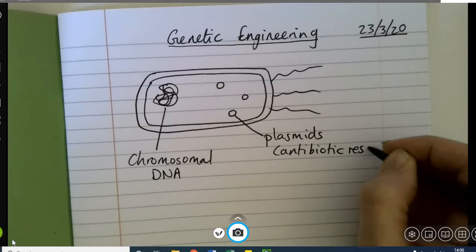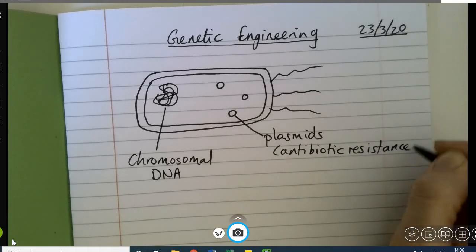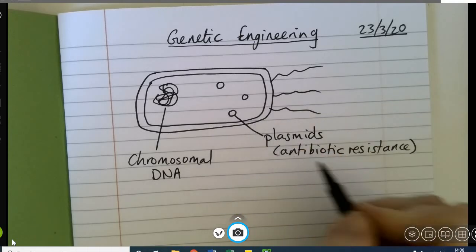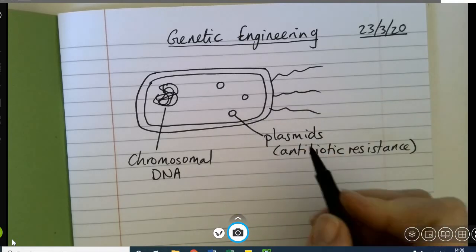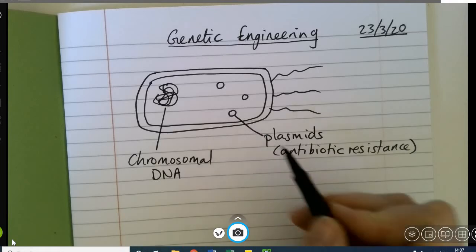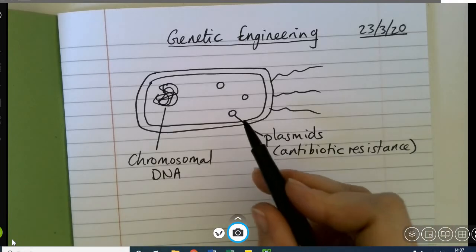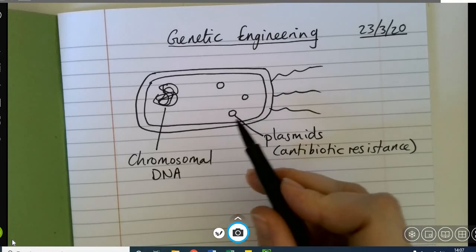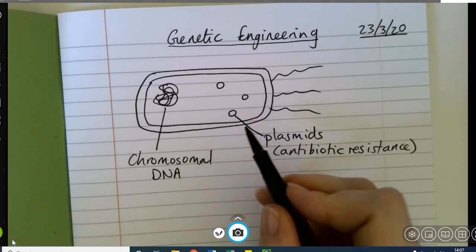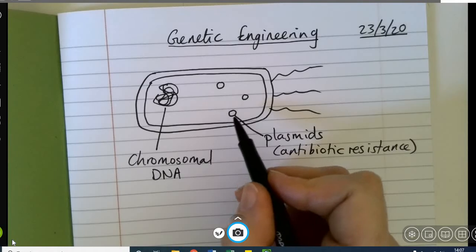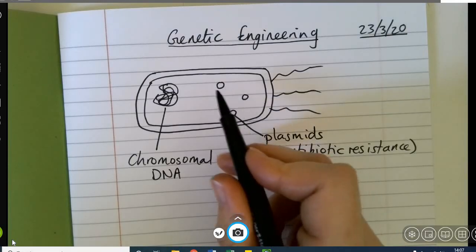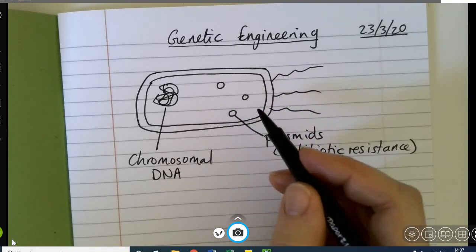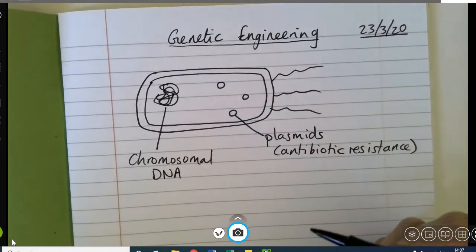These are bits of DNA that are often passed between individual bacteria, so they're almost like sharing their antibiotic resistance genes. And because of this, it means that we can actually take these plasmids, edit them, and insert them into bacteria, and the bacteria will produce whatever proteins that bit of DNA codes for. So we can manipulate this to make the bacterium produce what we want.